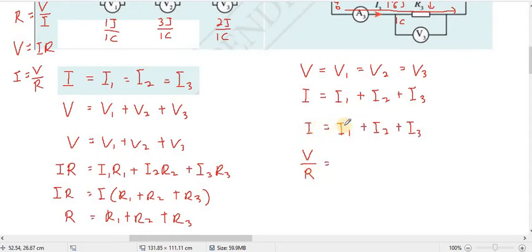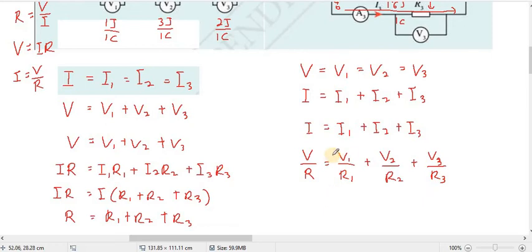To calculate current 1, you use potential difference 1 over resistance 1. To calculate current 2, potential difference 2 over resistance 2. To calculate current 3, potential difference 3 over resistance 3.